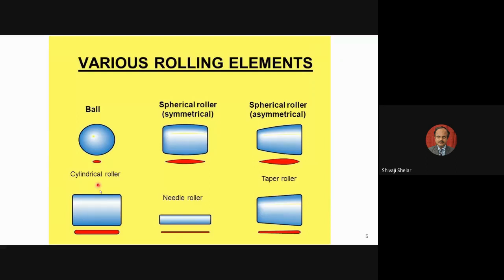Now, if you take this cylinder, this is the length and this is the diameter. If you take a lesser diameter, then your cylinder becomes slender.